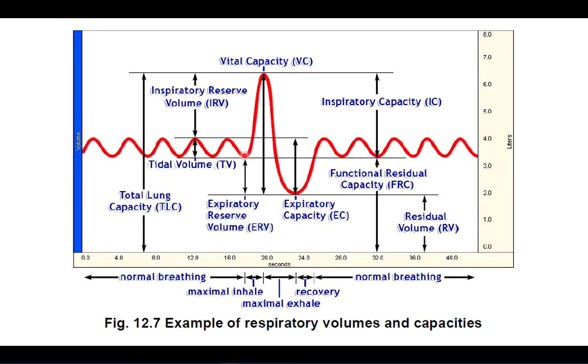Now after the 5th normal breath out, the participant is then asked to take a maximum inhale. Draw as much air as you possibly can into the lungs. So this drawing of the air into the lungs creates a maximal volume of air in the thoracic cavity, at which point the participant is asked to, as forcefully as possible, blow out all of their air.